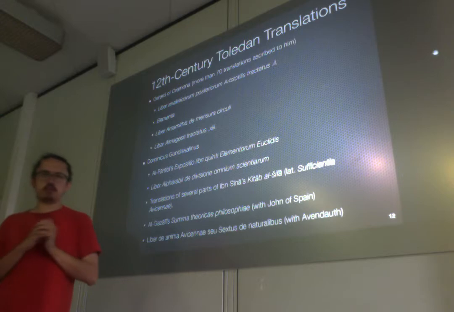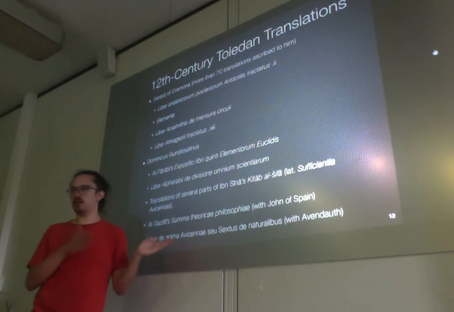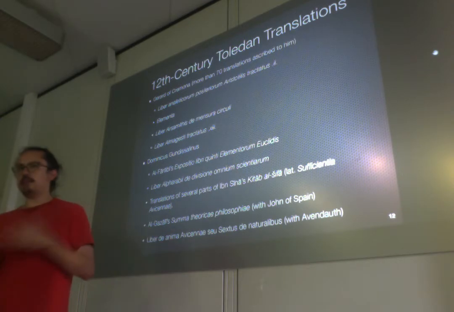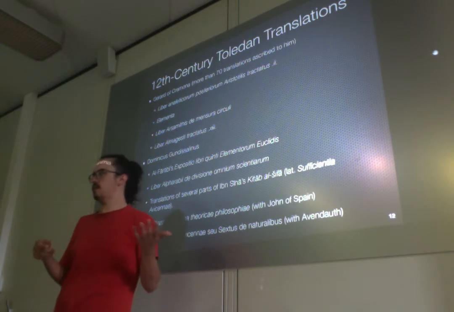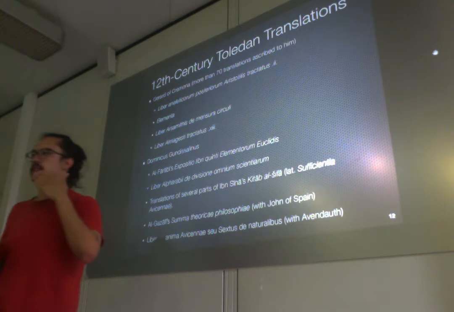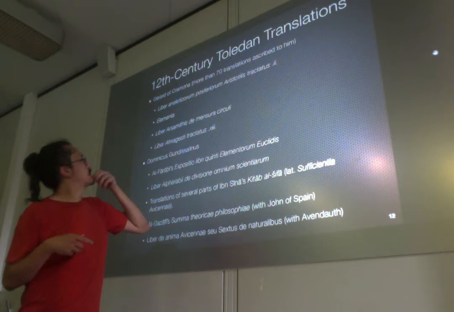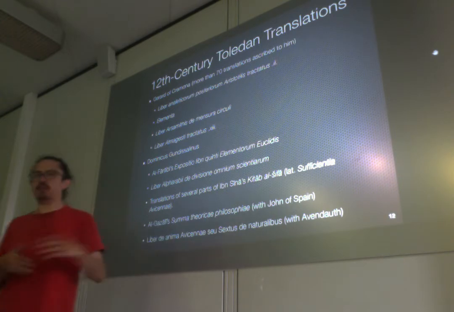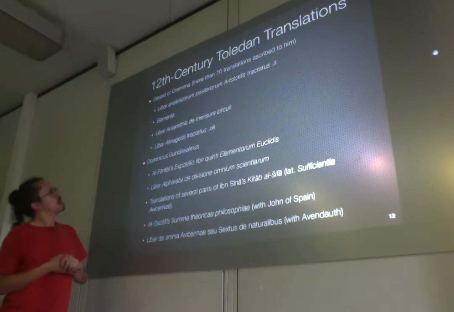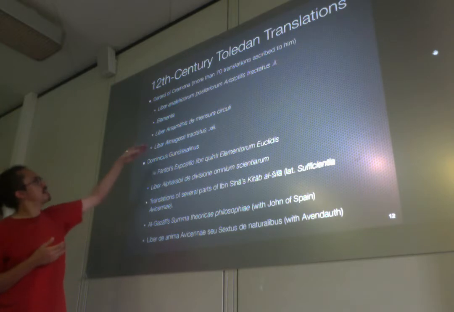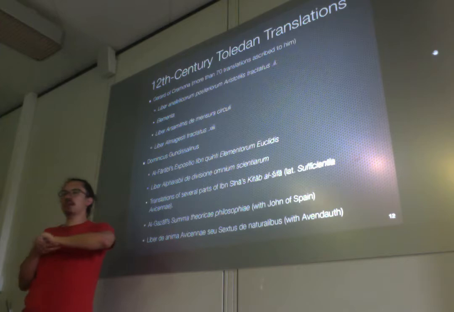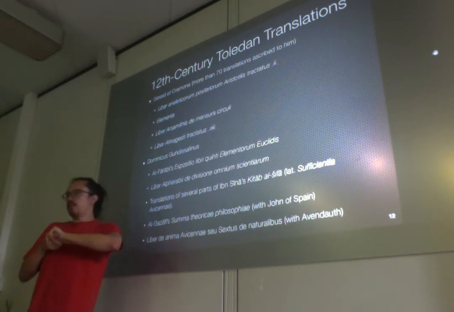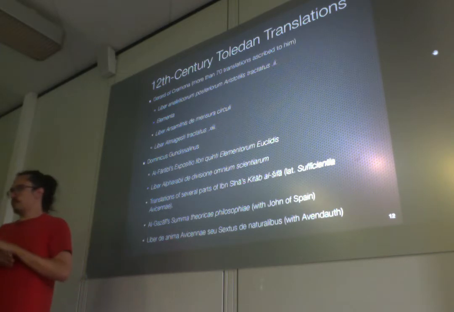We know about his translations because in the last work he translated, his disciples wrote a list of which works were translated by Gerard, and we have identified many of them. I just put this in order. As I said, the philosophical works were mostly translated in Toledo.